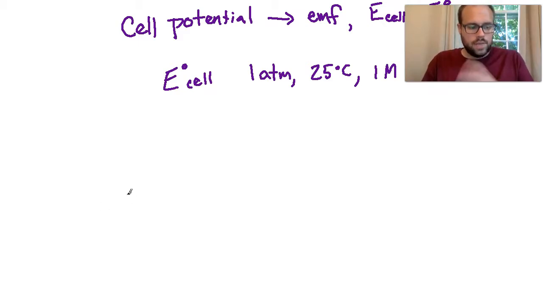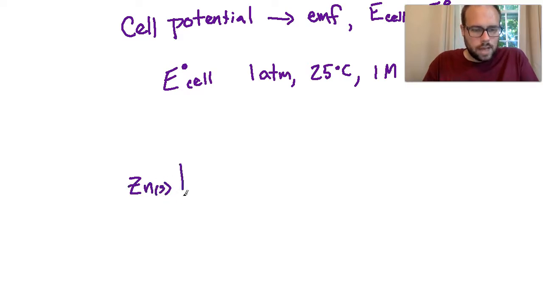You're going to take the anode first, so it is zinc solid. And then we put a single line to represent what's known as a phase boundary. A phase boundary means I'm no longer solid, I'm going into a different phase. Because zinc solid is going to go to zinc aqueous 2+. Okay, and we can note to ourselves, a lot of times you're going to see a concentration here.